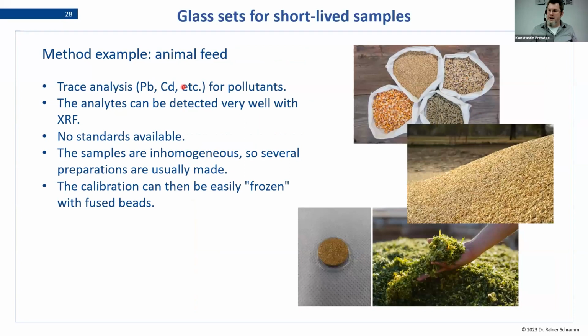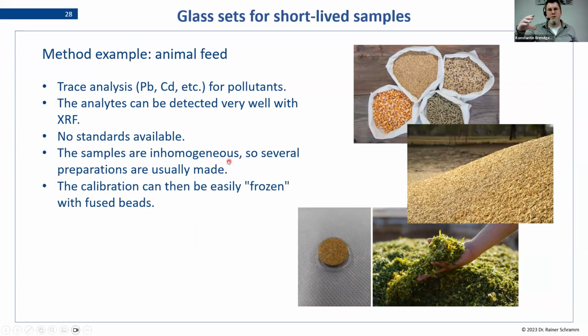Another example from the lab is animal feed. In animal feed, we are mainly looking at pollutants, and these can be detected very well with X-rays, but the problem of the sample is that it's not homogeneous. You can probably see from the pressed pellet here, just from the structure, that it has a lot of particle effects and it's not homogeneous.